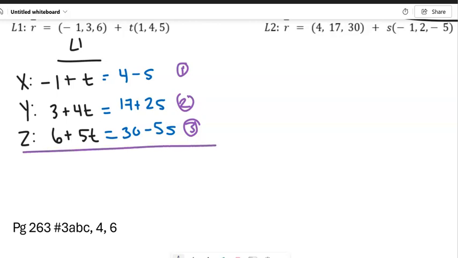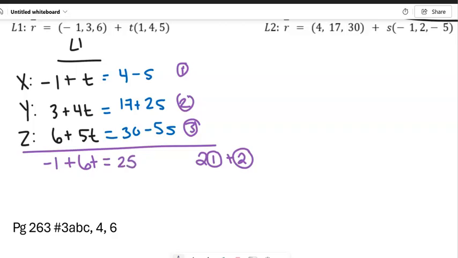And I need to eliminate a variable here. So I'm going to do 2 times 1 plus 2. All right, 2 times 1 is negative 2 plus 3. That's negative 1. 2 times 1 is 2 plus 4 is 6. 2 times 1 is 8 plus 17 is 25.